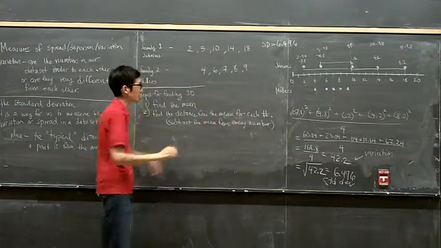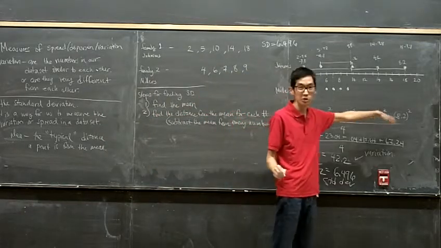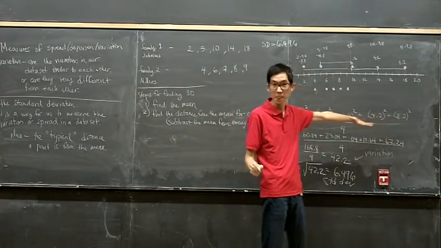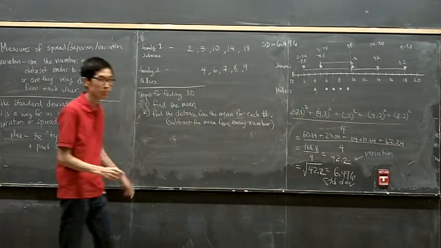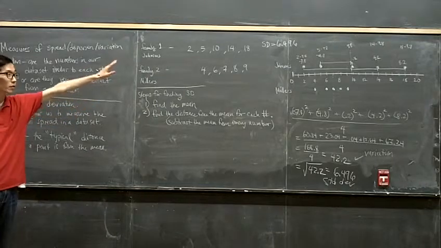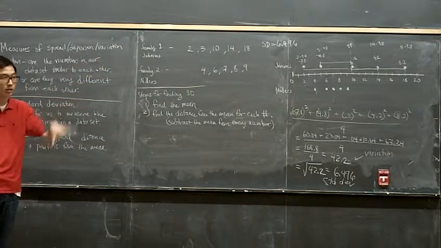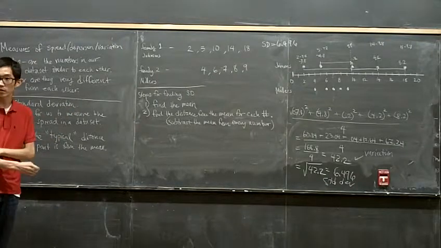That's how I got these numbers, -7.8 and 4.2 and 8.2, right? So whatever you get, you subtract that number from each number in my data set. I'm getting the distance from that number to the mean.